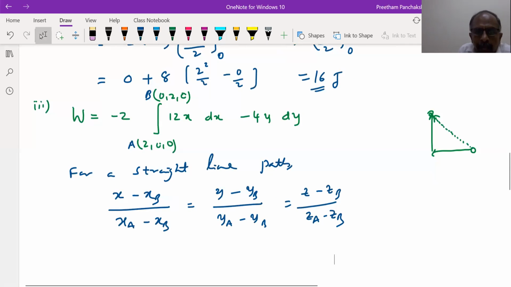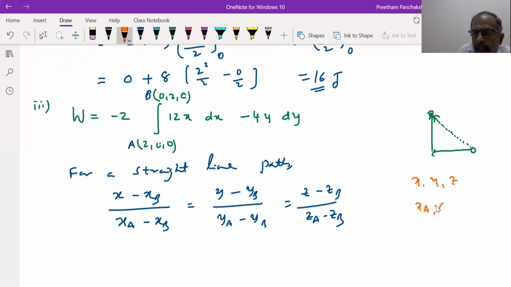Look at this here. I have chosen 3 points. One is an arbitrary point X, Y, Z. Another one is the point A. Another one is the point B. This is the point A, the given problem.